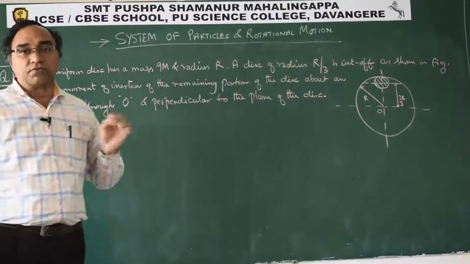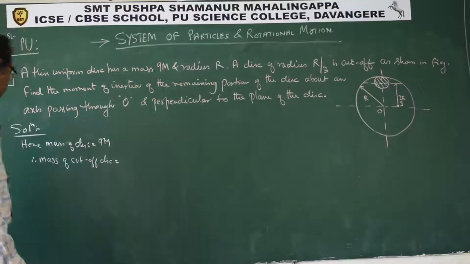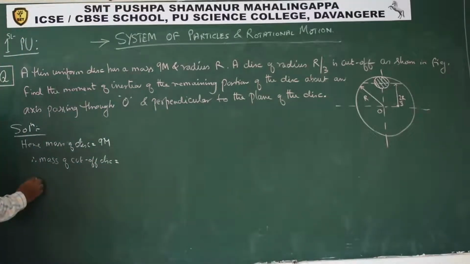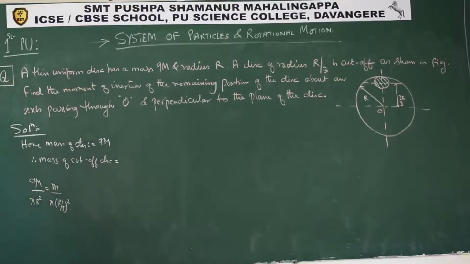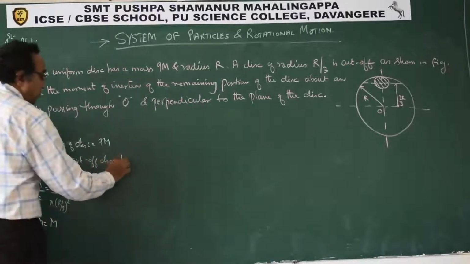We have seen in the previous question, mass per unit area will remain constant. So how to find that? 9m upon the area pi r square is equal to m upon pi into r by 3 whole square. Pi cancels out, r square cancels out, 9 also cancels out. This means the mass of the disk removed is m.